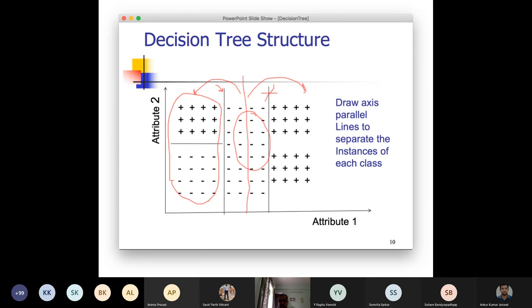Combinatorial, that's an NP-hard problem. But by applying heuristics or a greedy method, we can design an algorithm which will have a good property of keeping the depth of the tree small. So we would be discussing those approaches in subsequent lectures.